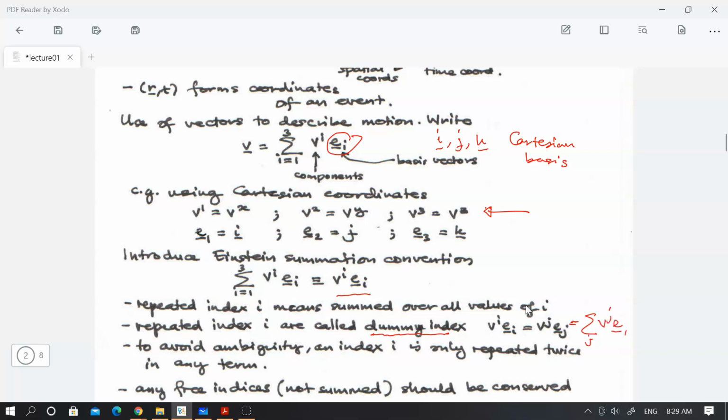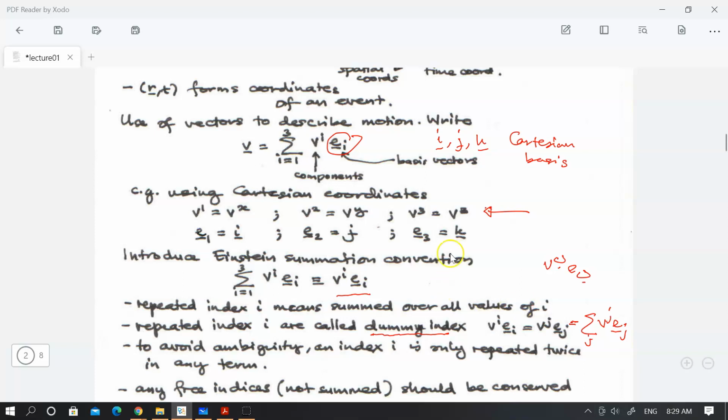In other words, a repeated index can be replaced by a different symbol if you want. That index is just replaceable, and one can use different symbols to mean the same thing.